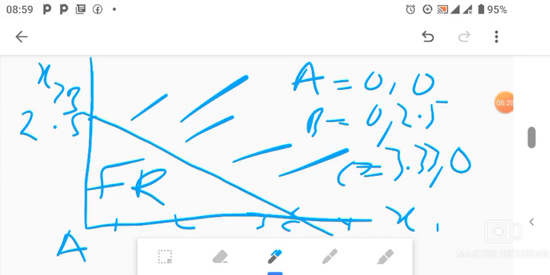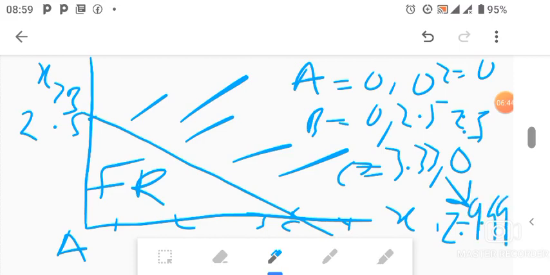If you test the first one, z is equal to 0. The next one, z is equal to 5. And the last one here, our z is equal to 9.99. If you punch that on your calculator, yes, you should get 9.99, showing that point C produces the maximum point.